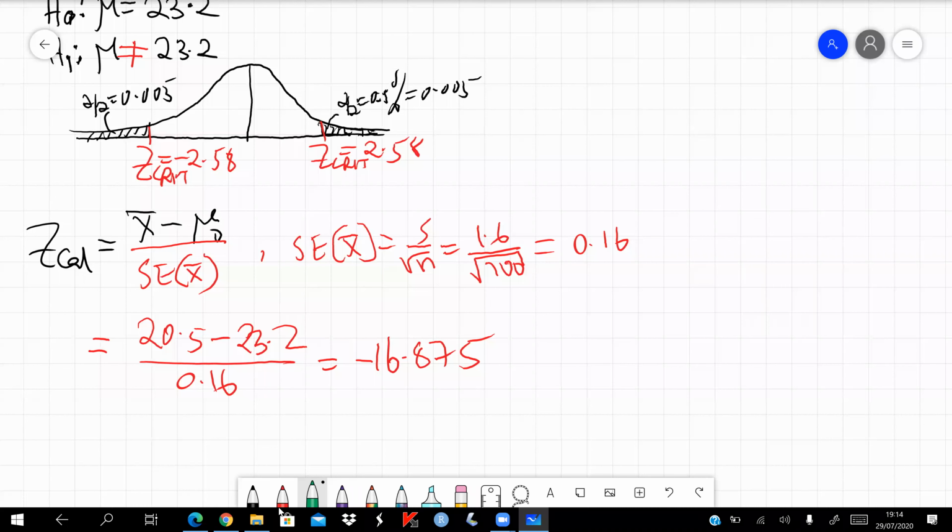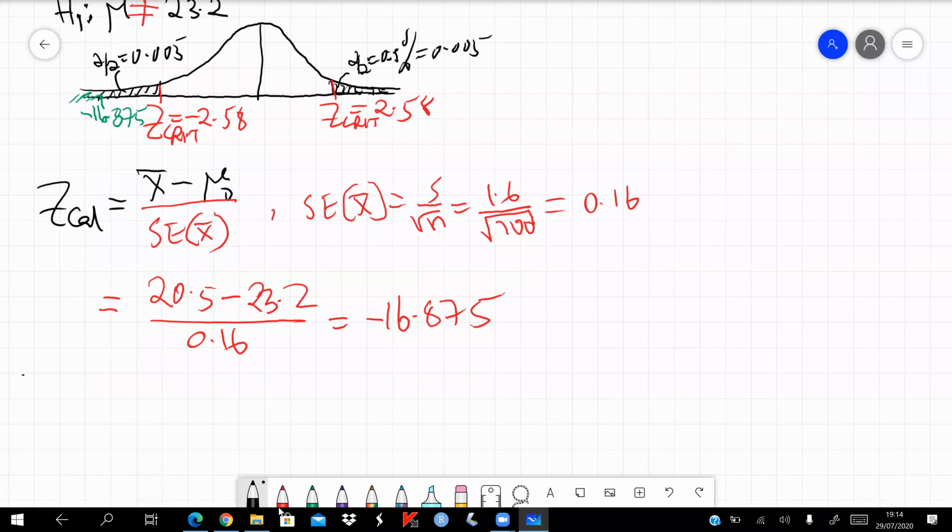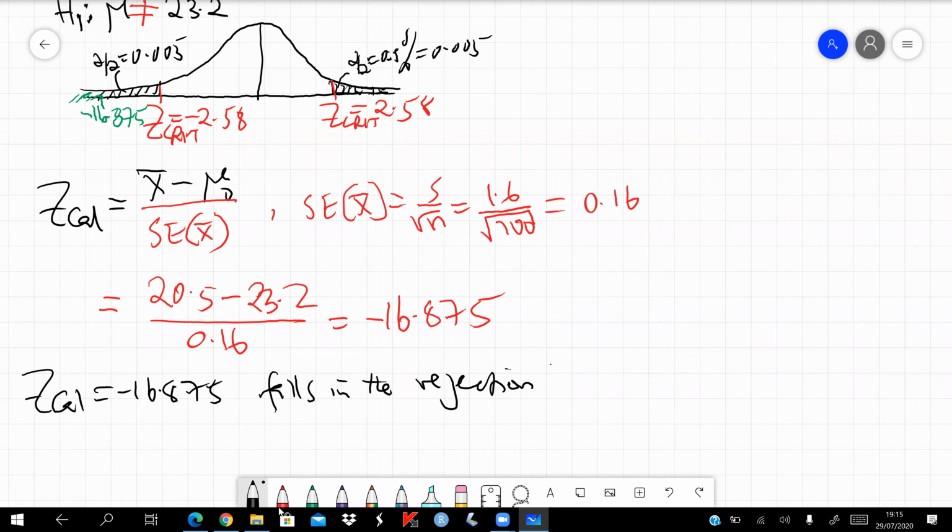If you try to locate that value here, it will be somewhere here, not drawn to scale, minus 16.875. It is deep in the rejection region. So you say that first: Z calc, which is minus 16.875, falls in the rejection region, or the critical region.